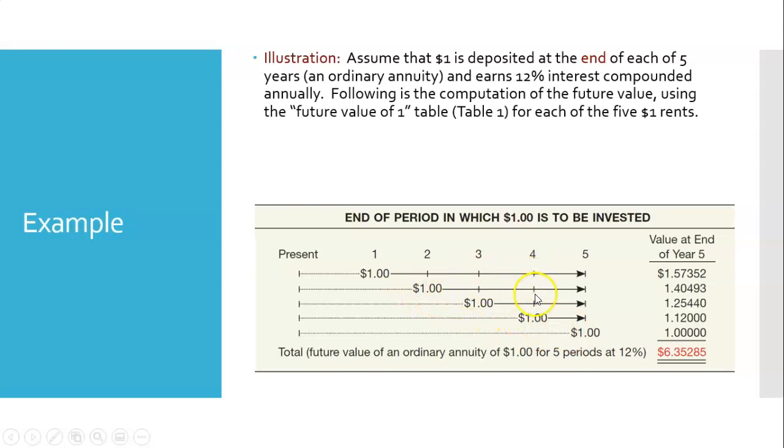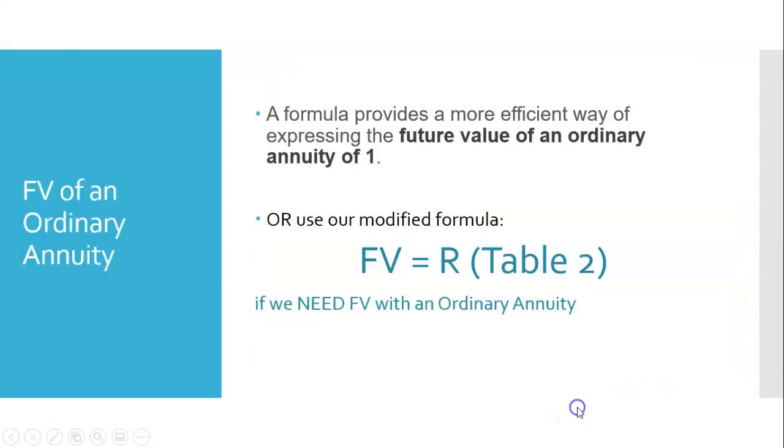So we have 5 separate dollars. We can calculate each separate one using a single sum formula and then add them all together, and we would get $6.35 roughly. But there's a much easier way to do that, where we can just do it in one calculation rather than 5 calculations and then add them together.